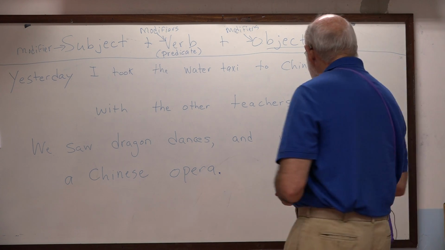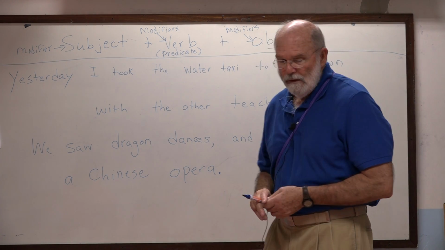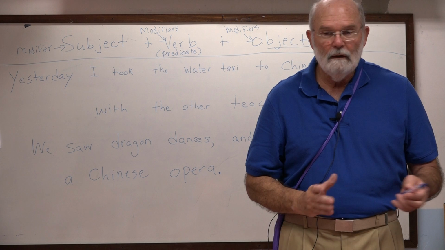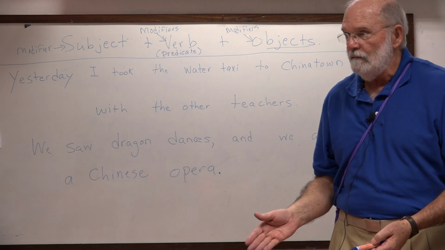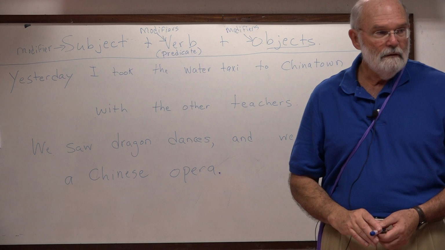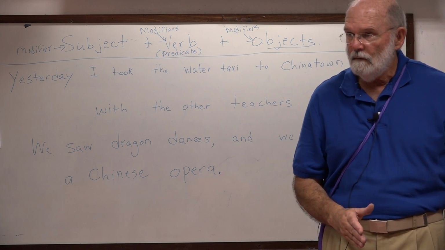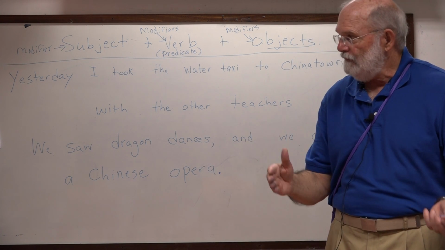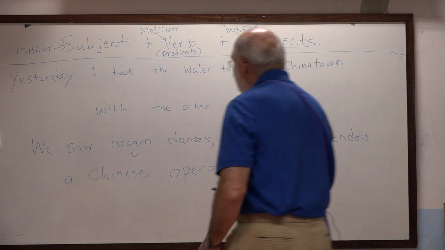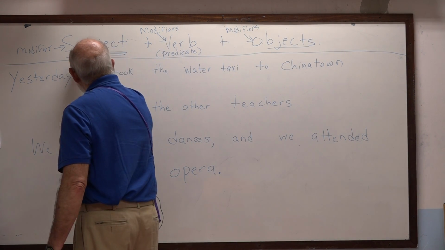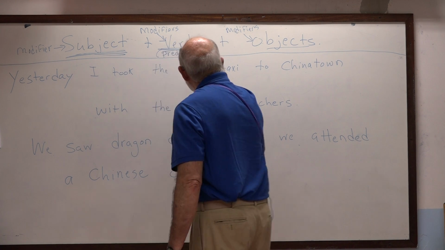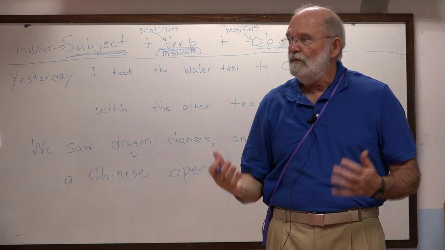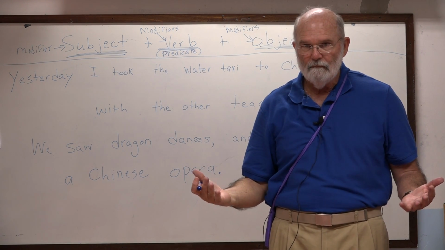Like earlier this morning, we had a little dog in our room. So I could say, this morning we had a little dog with a tail in our room. Well, with a tail is a prepositional phrase that modifies dog. So we take this basic structure of the sentence, subject, verb or predicate, objects. And then we can add modifiers to give the sentence more detail, to make it more meaningful.